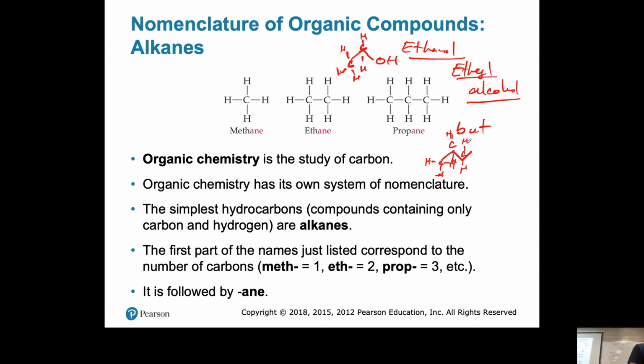Sorry, I ran out of space; it looks kind of small. When you have four carbons like that, it's called butane, like a butane lighter. So one carbon is meth, two carbons eth, three carbons prop, and four carbons, I mean butane.